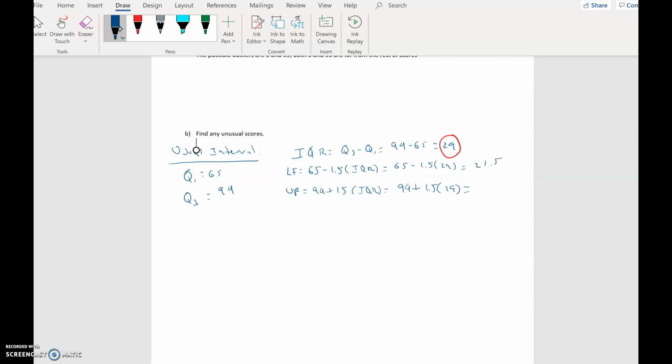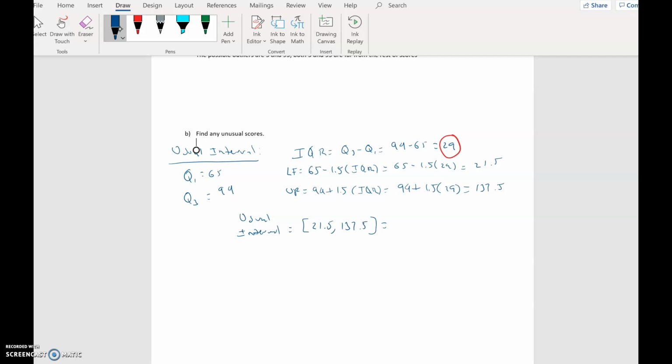So the lower bound, I'm getting 21.5. The upper bound, I'm getting 137.5. So the usual interval is going to be equal to 21.5 to 137.5.